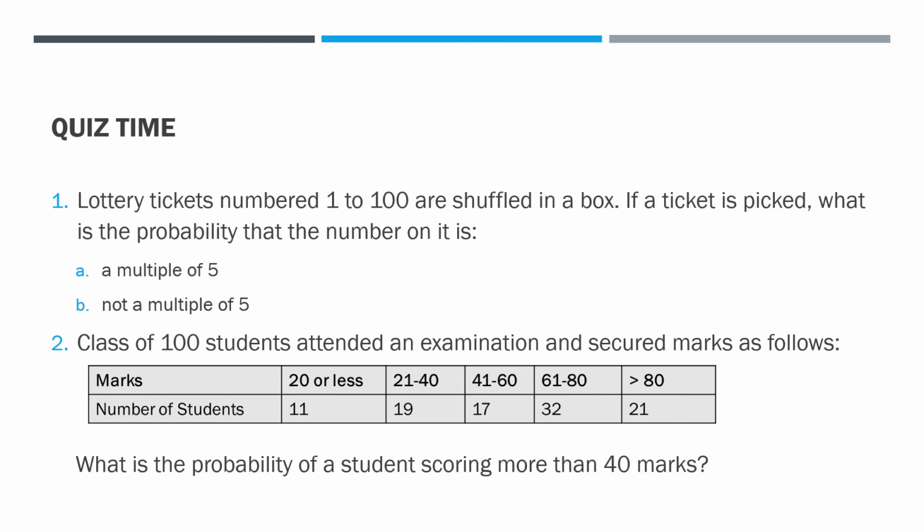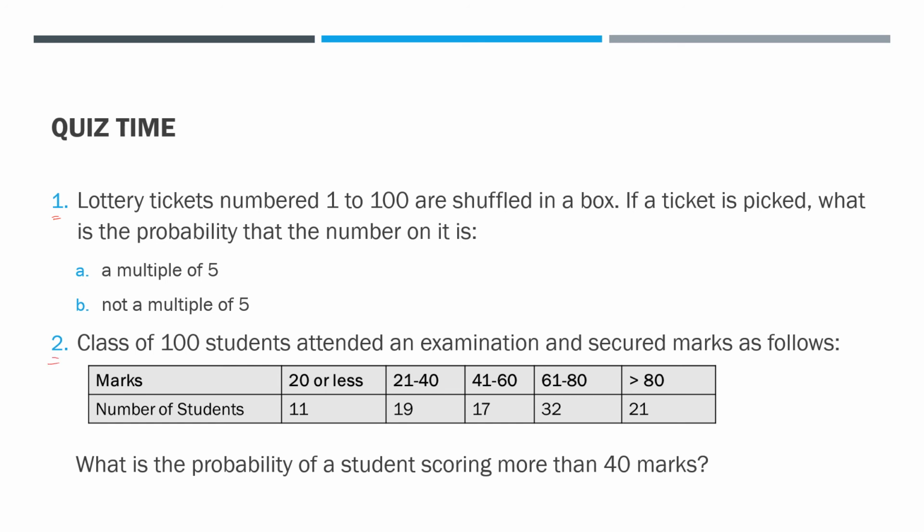This quiz is supposed to cover both theoretical probability and empirical probability. This first problem we have already covered when we were covering theoretical probability, so I'm going to skip this. You can go back to the previous quiz and check your answers there. But let's look at the second problem here.